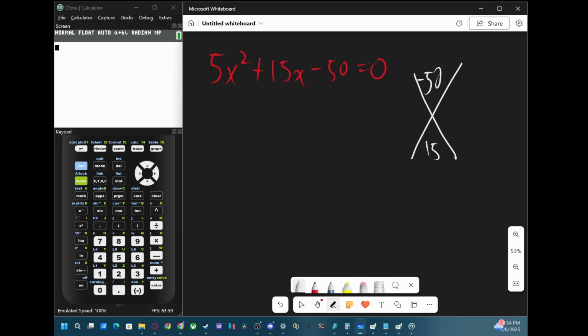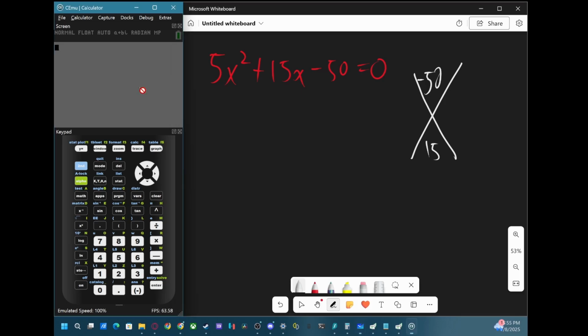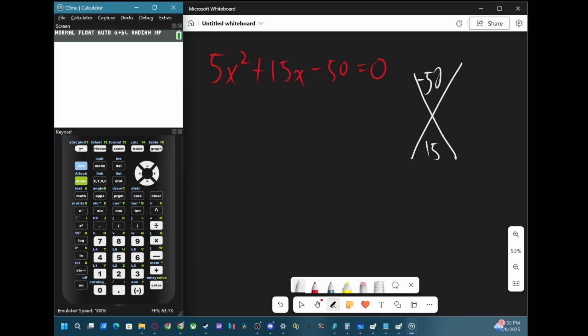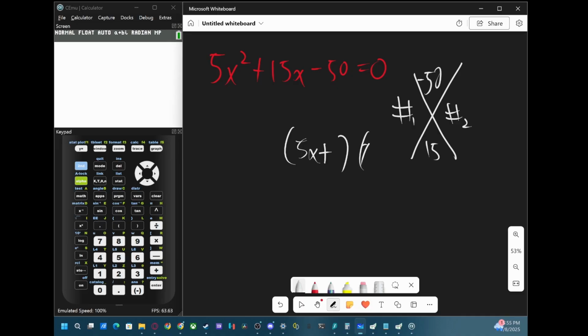All right, so it's only 2 more steps. Really simple. So now this will be our number 1, number 2. Now let's find our multiples of negative 50. Give you a few seconds.